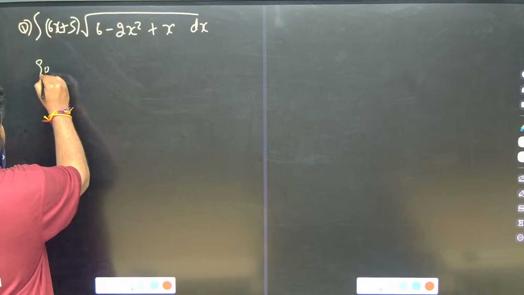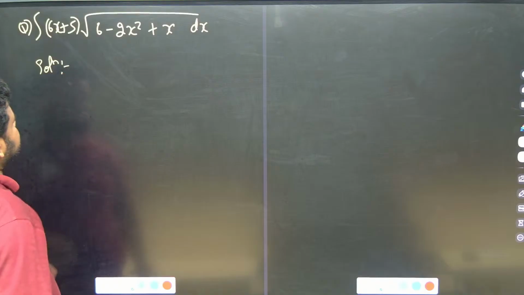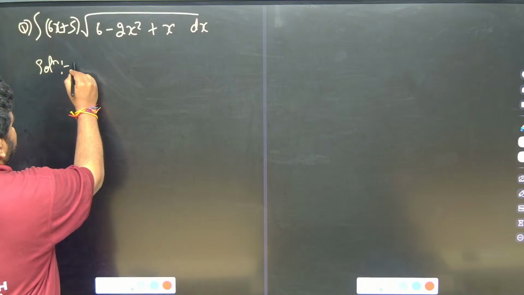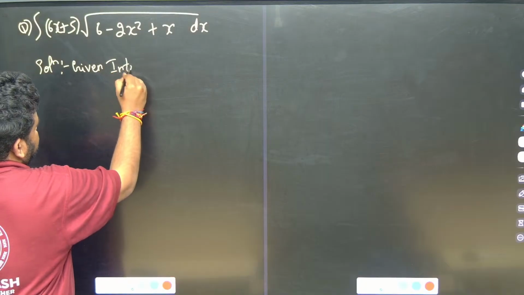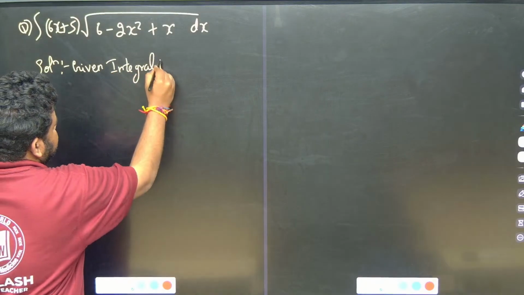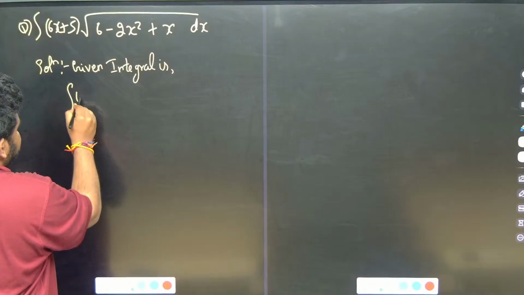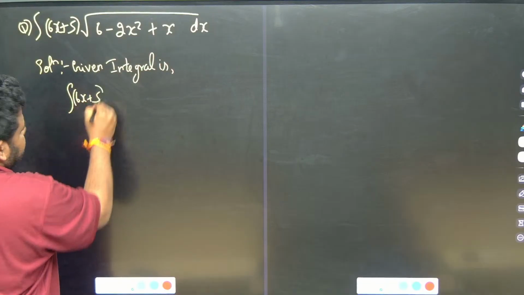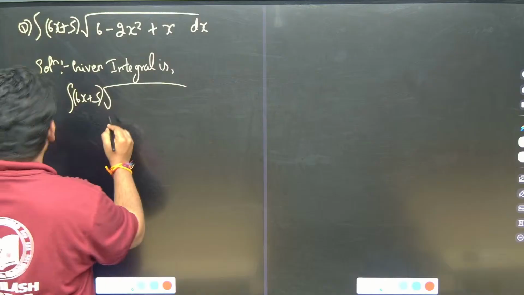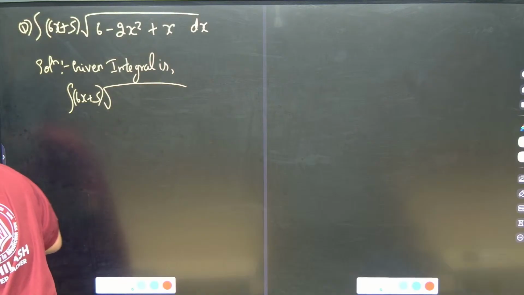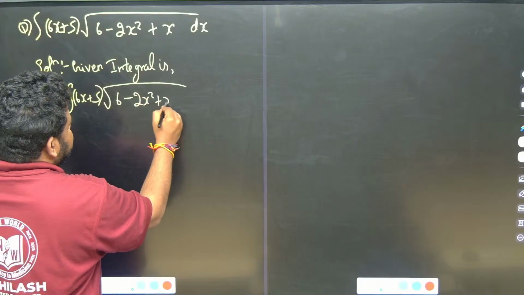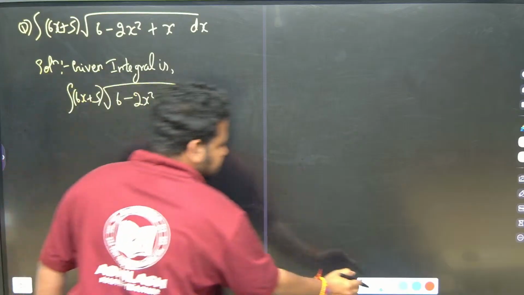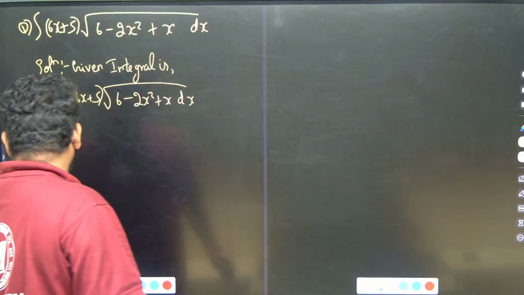So solution. What will be the solution? Given integral is integral of 6x plus 5 within the brackets into square root of 6 minus 2x square plus x dx, correct? So this is the thing that they have asked. Just a minute.